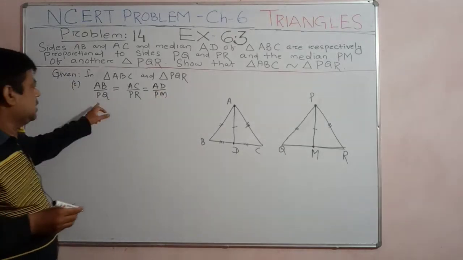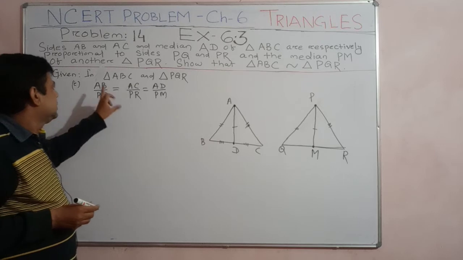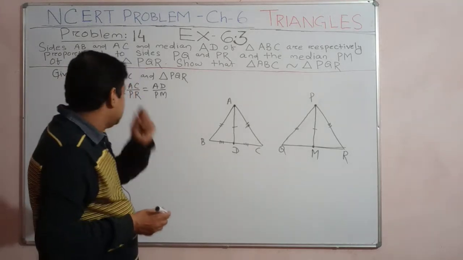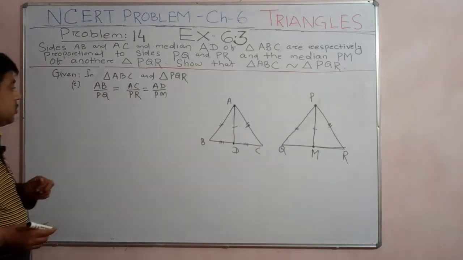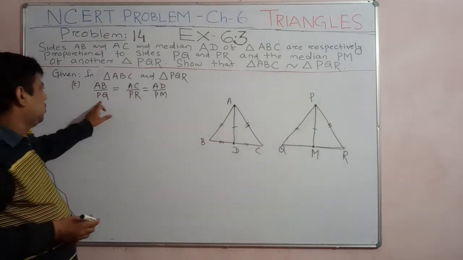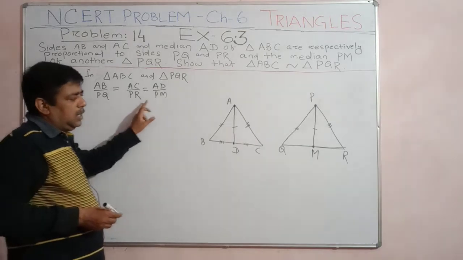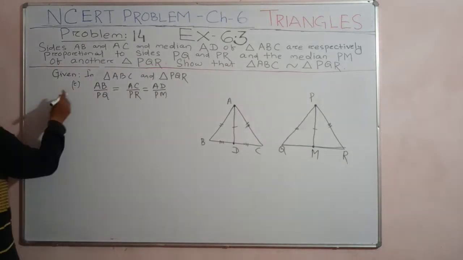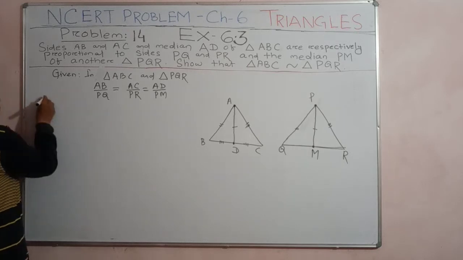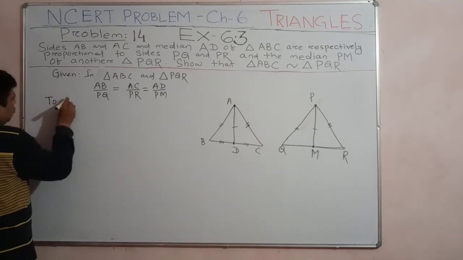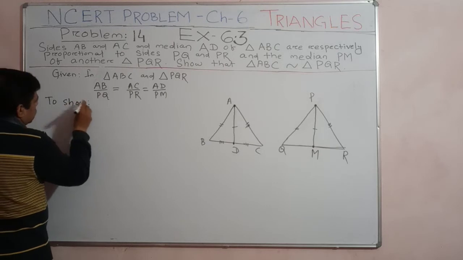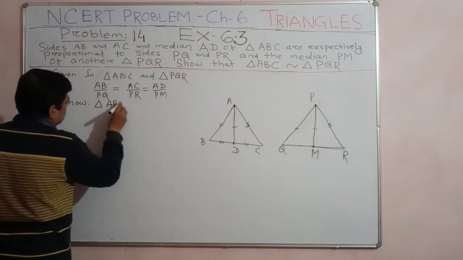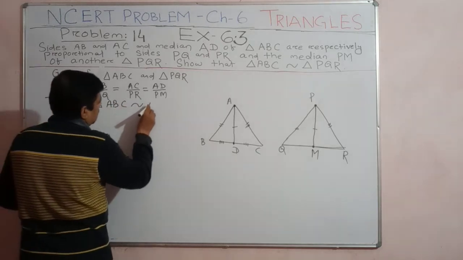The sides AB, AC and the median AD of triangle ABC are respectively proportional to the sides PQ and PR and the median PM. We have to show that triangle ABC is similar to triangle PQR.